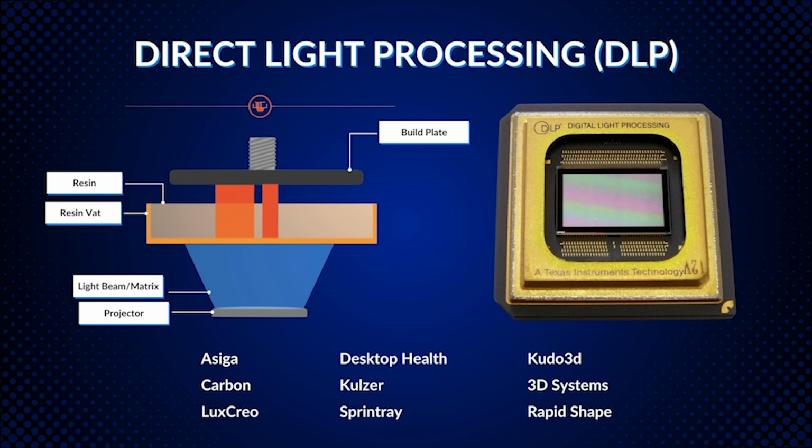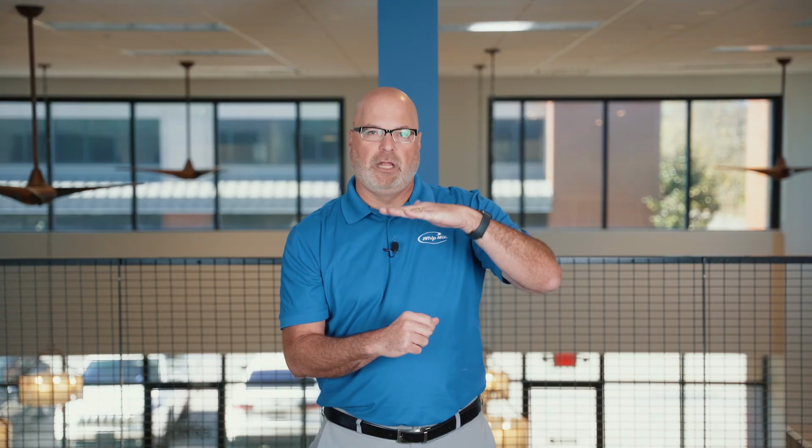We'll go back to our example of 3 models. The light projects and cures that layer of all 3 models at once. Then it comes up, drops back down, flashes, and cures all 3 layers again. It does that over and over until our apparatus, our model, our appliance, whatever it is, is built.